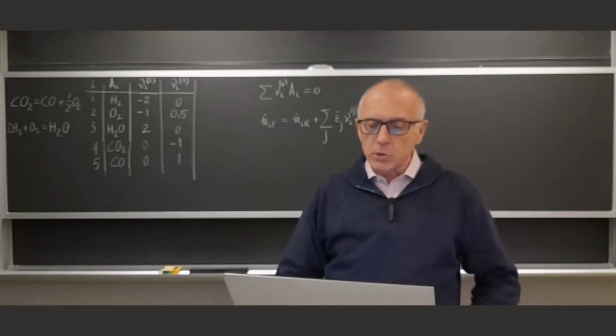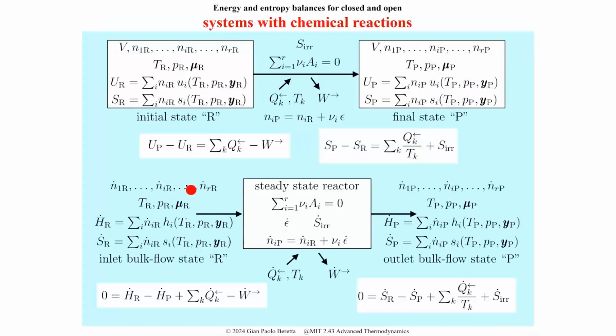So now let's go back here to the structure of the balance equations. In the balance equations, we have to deal with differences between the energy between products and reactants, the entropy between products and reactants, also here the enthalpy between reactants and products, the entropy.